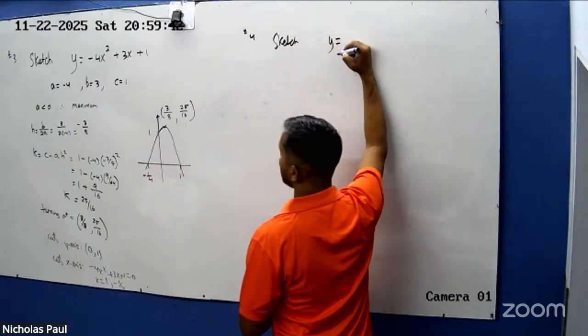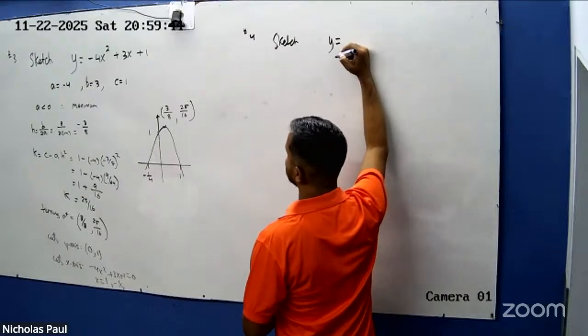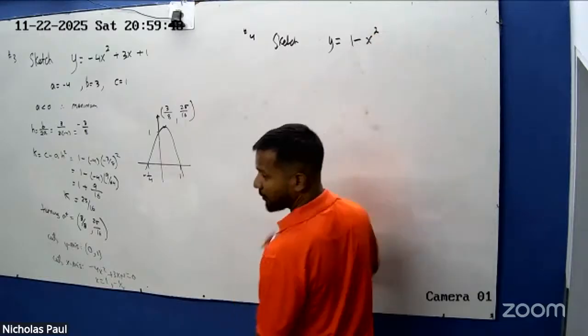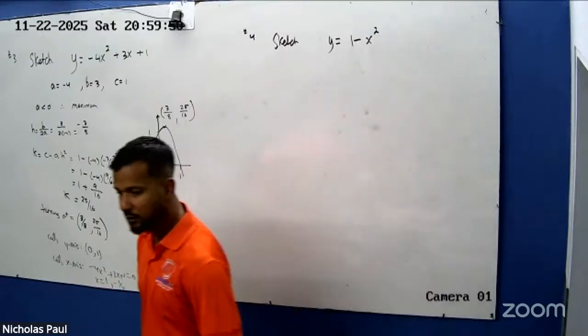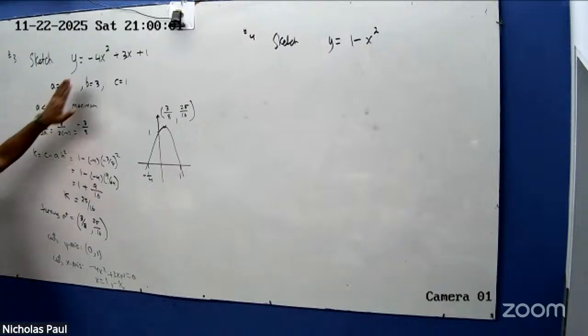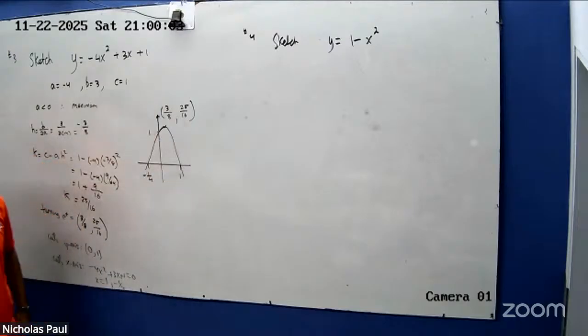Sketch y is equal to 1 minus x squared. Try that. Y is equal to 1 minus x squared. Same principle, right? Put it in this order. Then work it out.